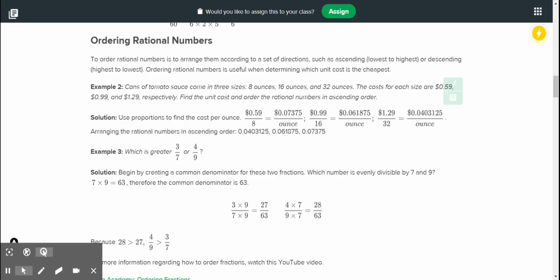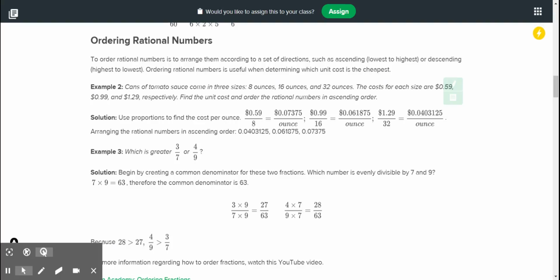For example, cans of tomato sauce come in 3 sizes. They come in 8-ounce, 16-ounce, and 32-ounce. The costs for each size are 59 cents, 99 cents, and $1.29 respectively. Find the unit cost and order the rational numbers in ascending order.